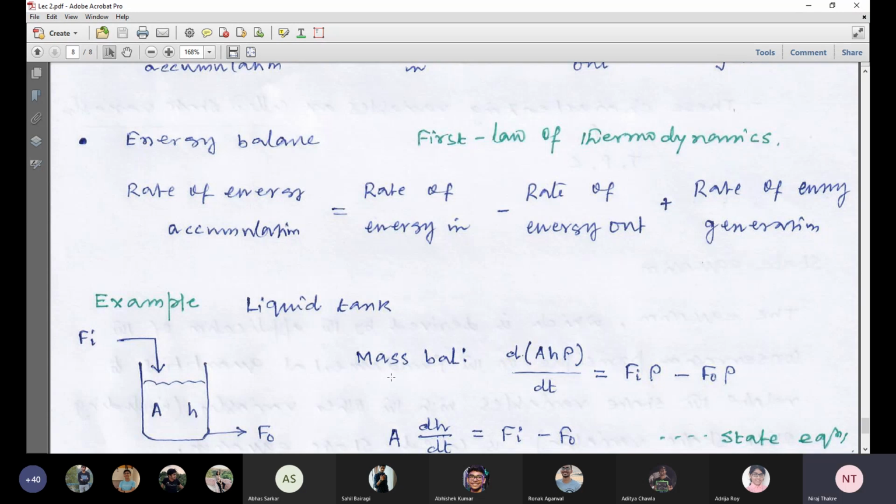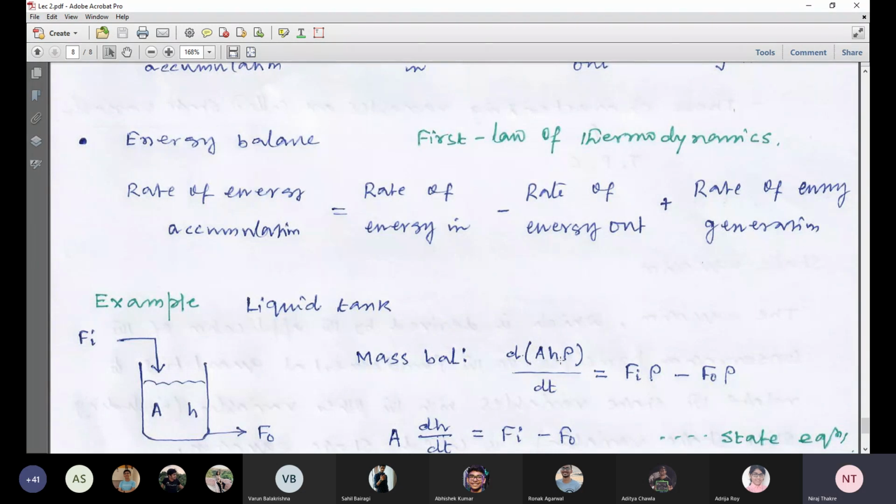What happened today? I'm not getting any response. Anyone can tell this is, what is Fi? Can you tell me? Sir, volumetric. Volume flow rate. Volumetric flow rate, correct. So I think you understood this equation, no? How we get area and H, this is volume.